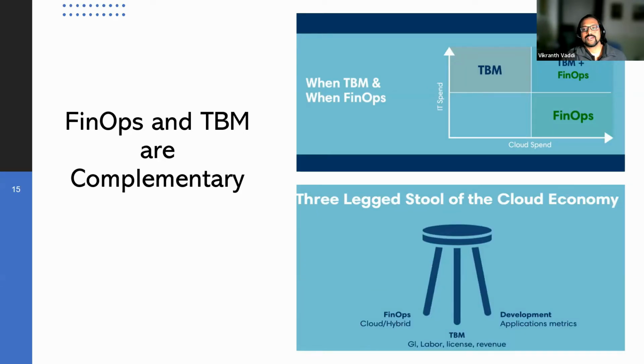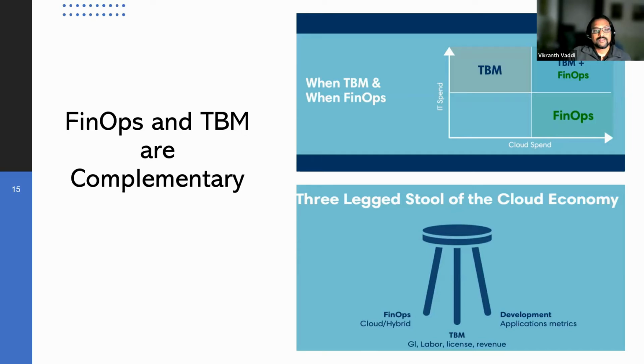And where there is a high cloud spend but not necessarily a lot of on-premise IT spend, like born-in-the-cloud companies, FinOps would be a good start. But the companies where we see the majority have a good amount of IT spend and cloud spend, those are the ones that can leverage the complementary approach of TBM and FinOps.